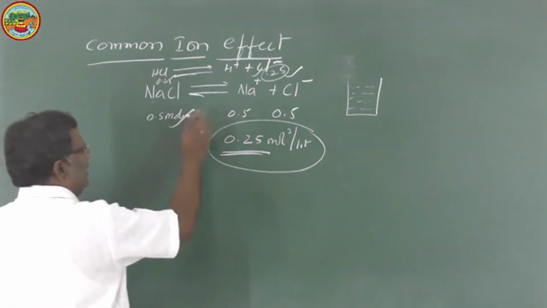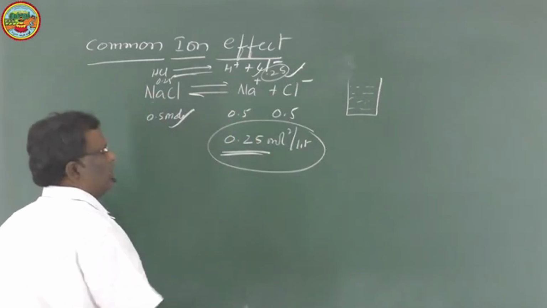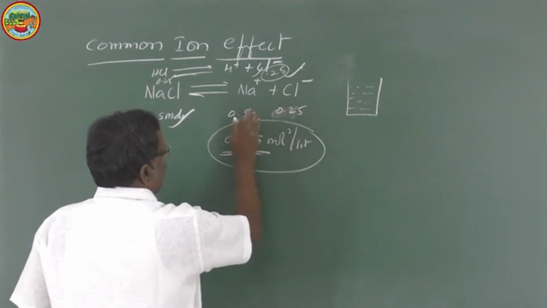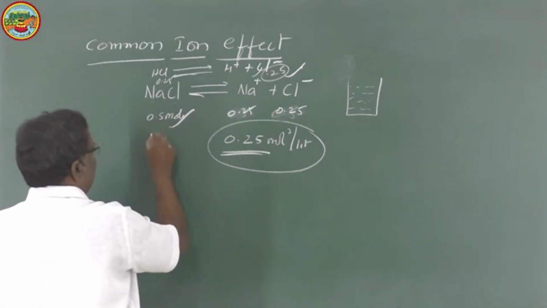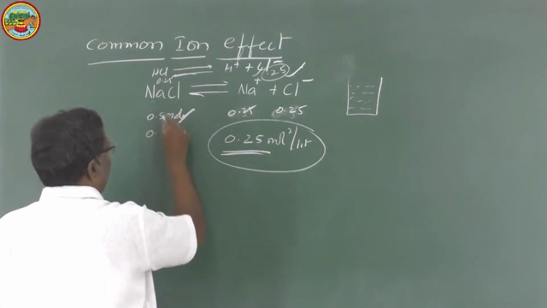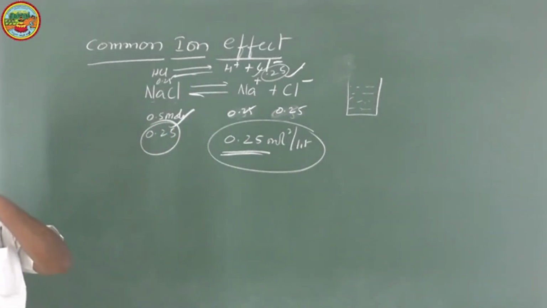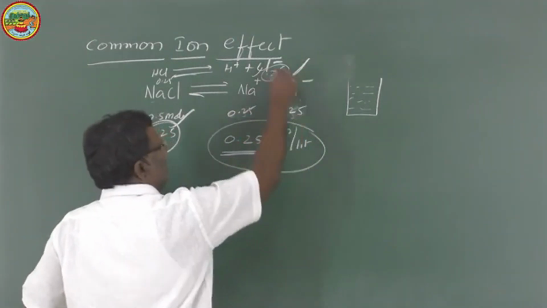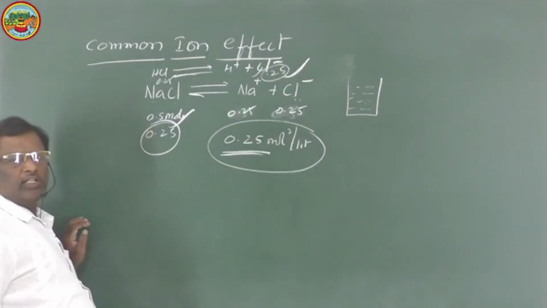Already 0.25 moles of Cl minus is there. Even though you add 0.5 moles, only a part of it is soluble, because Cl minus ions, the common ion of NaCl, are already present in the water.